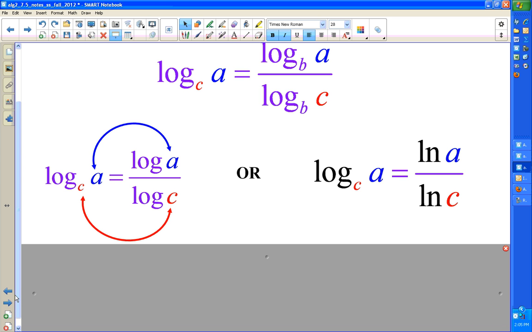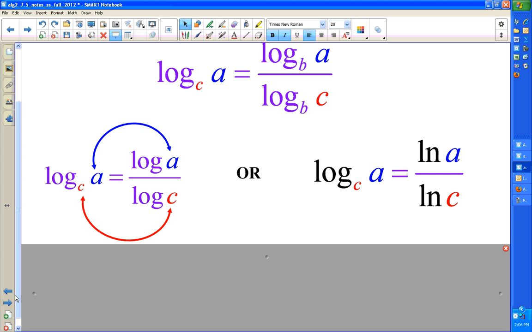This is the one for natural log, base E. It doesn't matter which one you do. You're not going to be any more correct by doing natural log than you will with common log. If you're going to use common log, you're going to do log of A over log of the original base. If you're going to do natural log, it's natural log of A over natural log of the base.